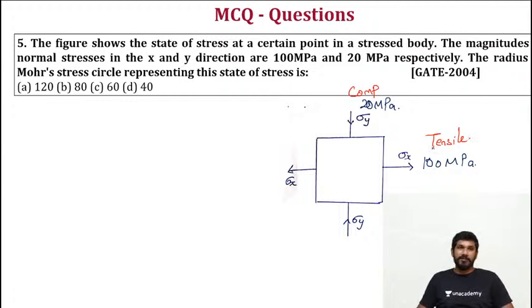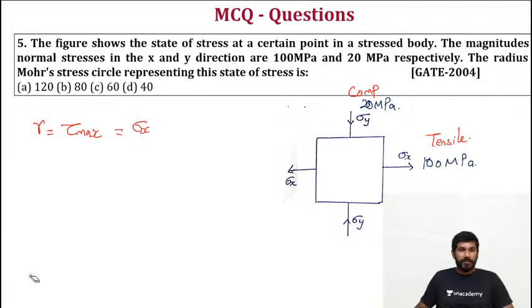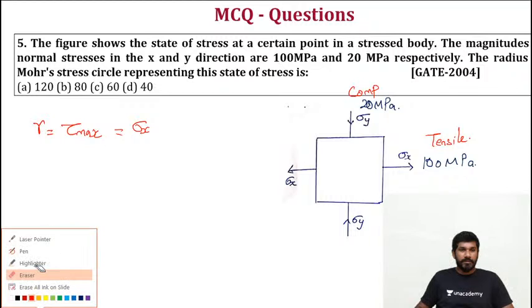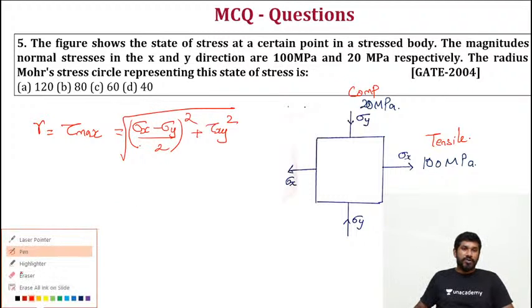So if you need to calculate the radius of the Mohr circle, that is equal to the maximum shear stress, that is equal to the square root of (sigma x minus sigma y by 2) whole square plus tau xy square.